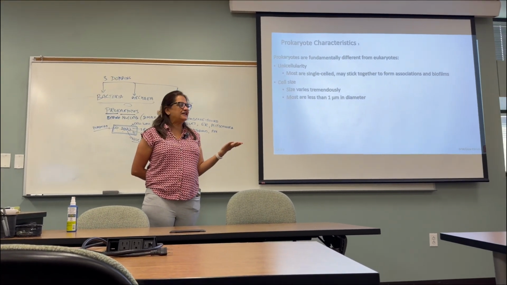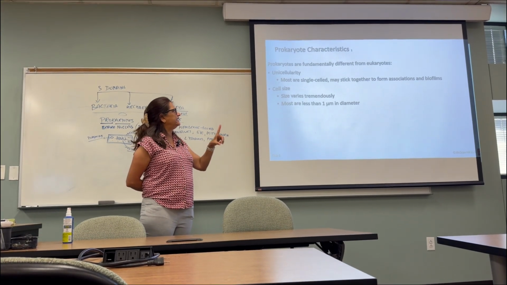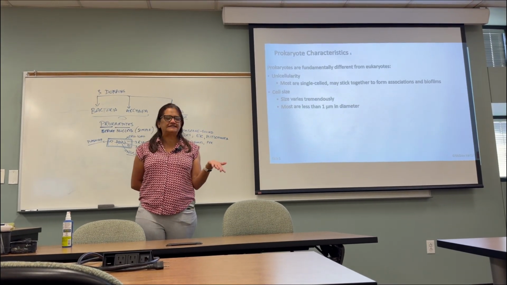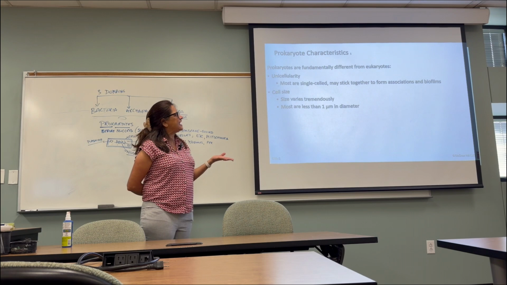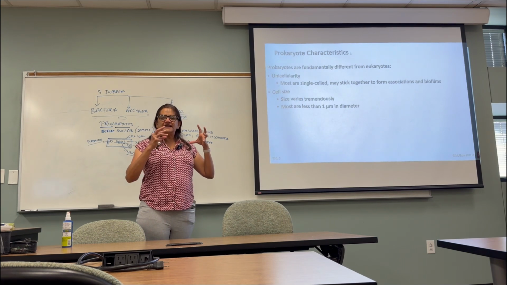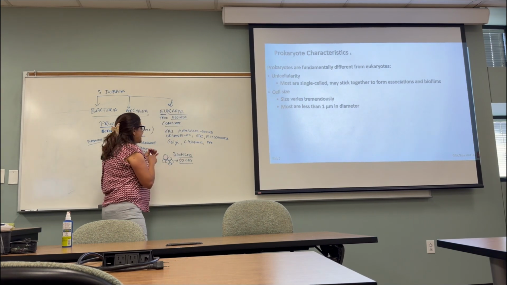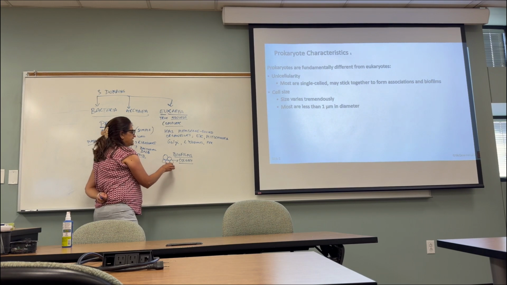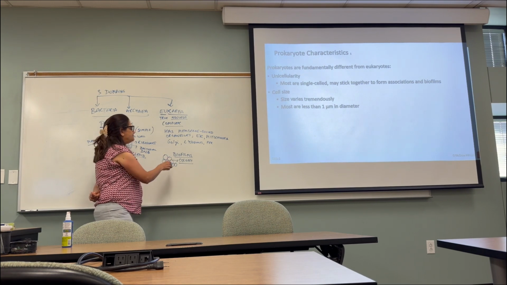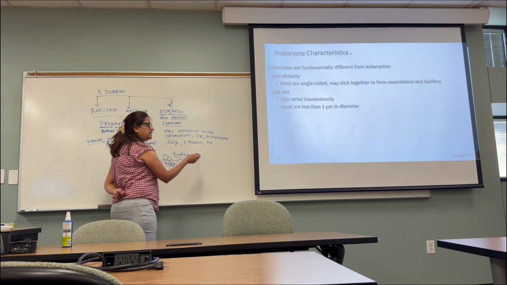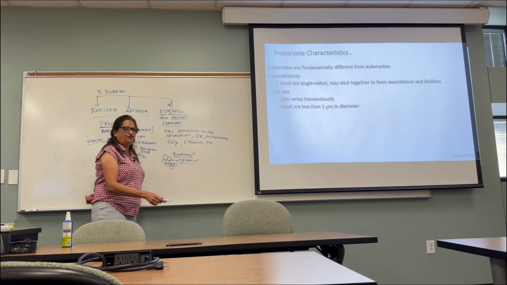When we say unicellular, uni means single, right? Means they are single celled organisms, and they would like to stick together to each other and will either form a colony or they can form biofilms.